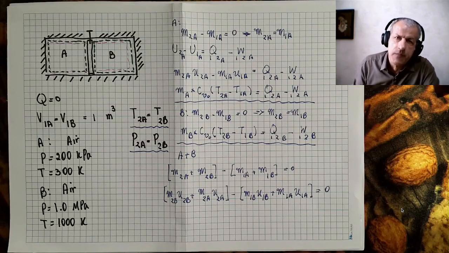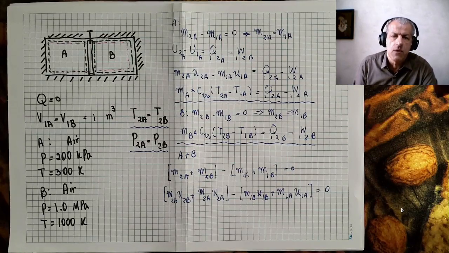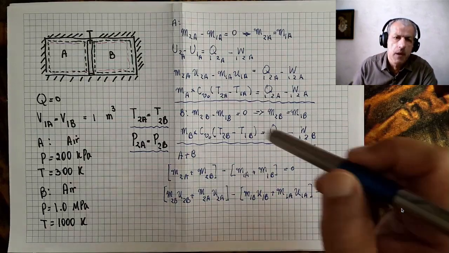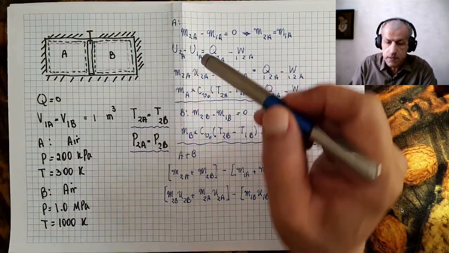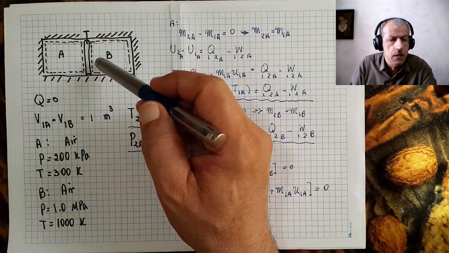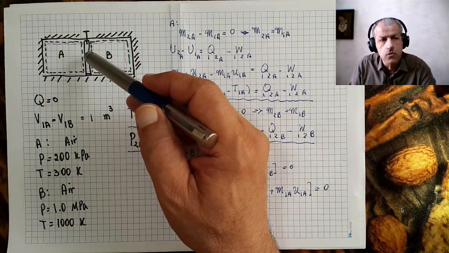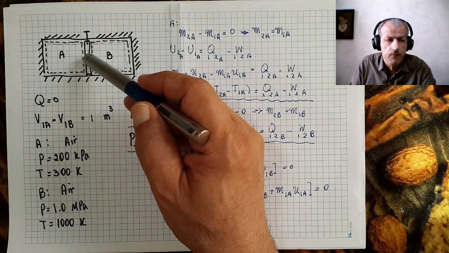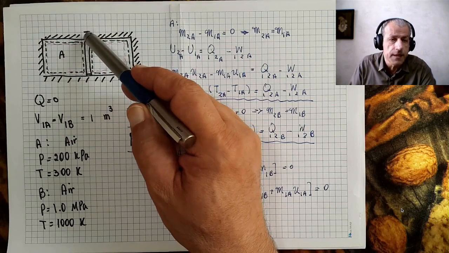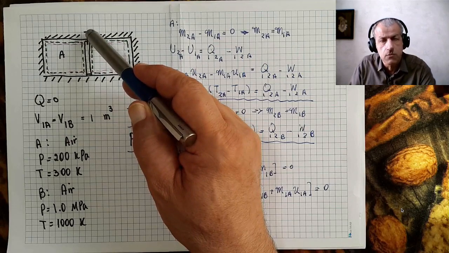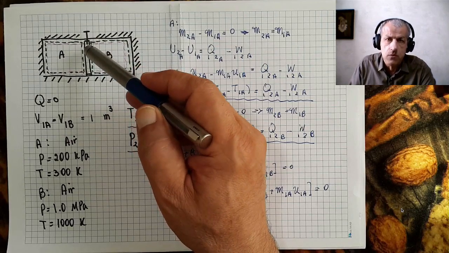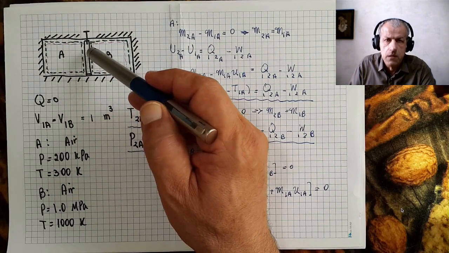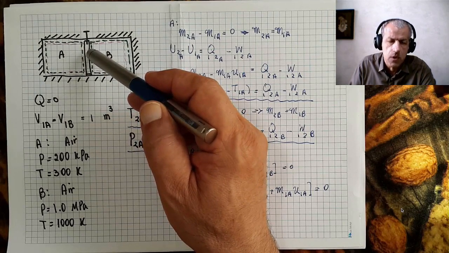Greetings. In the previous video, we managed to define our problem, and it concerned a cylinder which was divided into two parts with a piston. When the pin was removed, the piston could move freely, no friction.